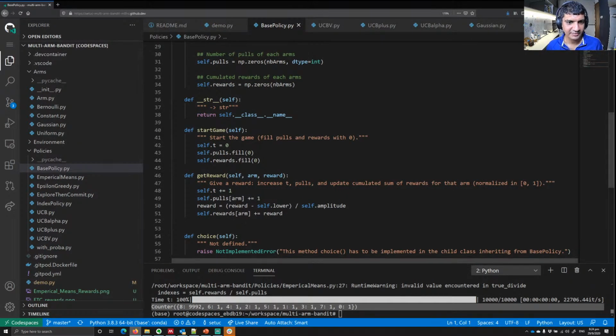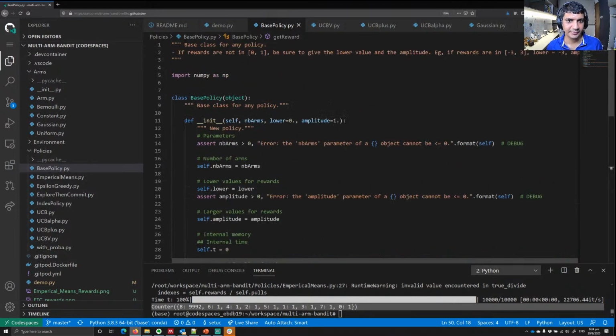So what happens when I get the reward for all my base policies? I have code which does the normalization itself. When I set up my policy, I need to set up my lower value and amplitude as well.